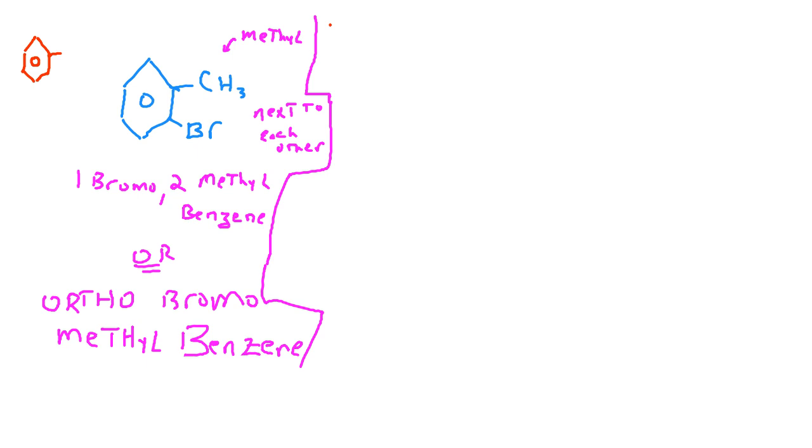We said this was methylbenzene. But we also said methylbenzene was the same as toluene, so we could call it toluene. Now, what makes this toluene is this methyl group. Methyl makes it toluene, okay?